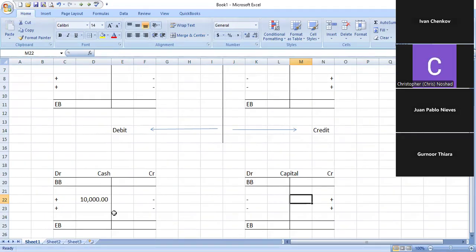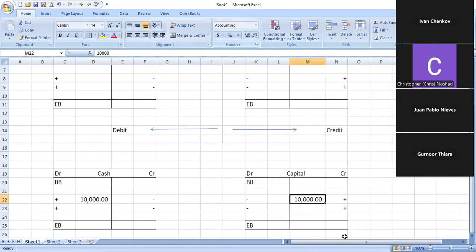But since we're doing the double entry, every time you see a debit, there has to be a credit. And since when we put 10,000 here, it's going to increase the owner capital in the company, it seems the right place to be.